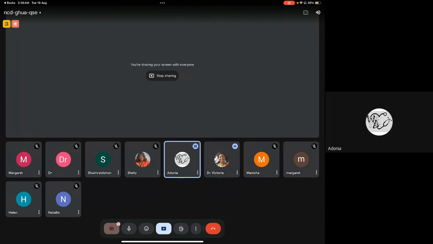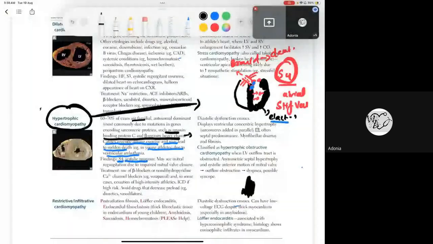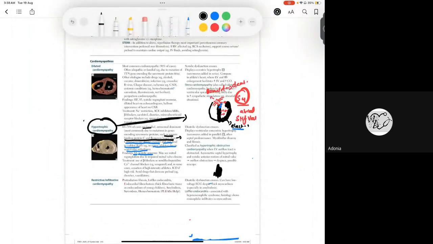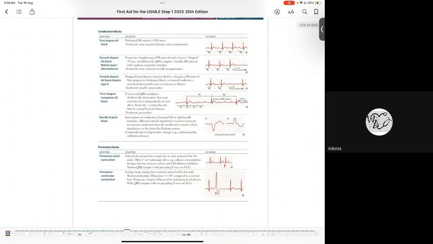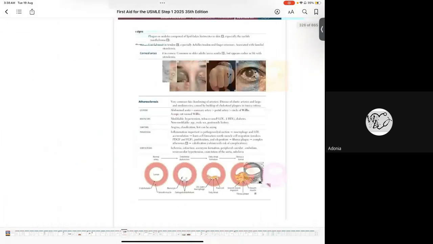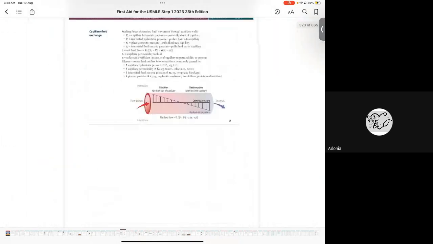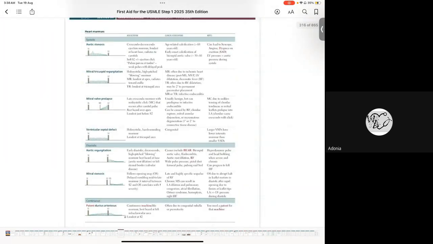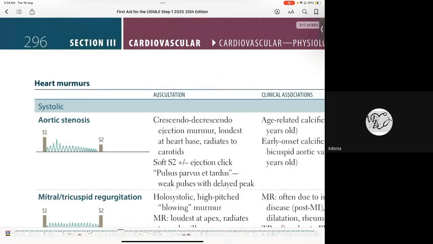I'm not sure. I think no, it's crescendo-decrescendo for aortic stenosis, I think. Let's just see. You guys aren't revising. I understand that today, and that's really bad. Yeah, it's a crescendo-decrescendo.